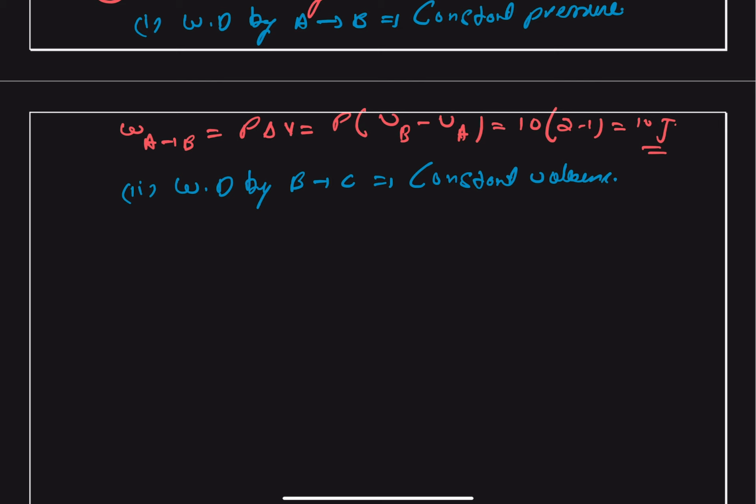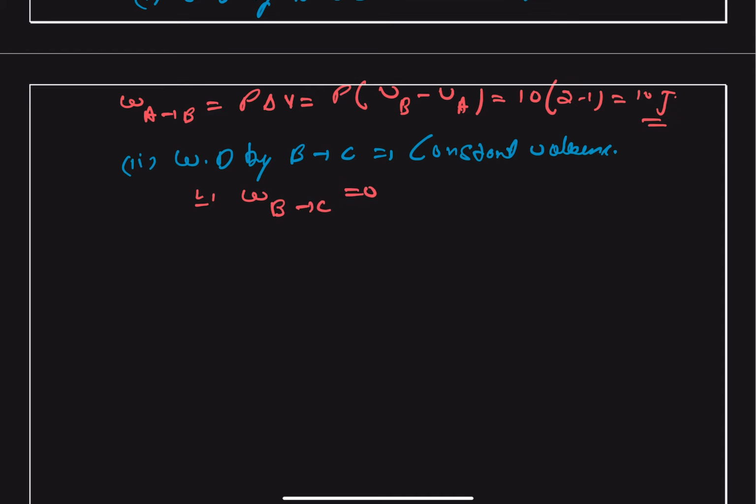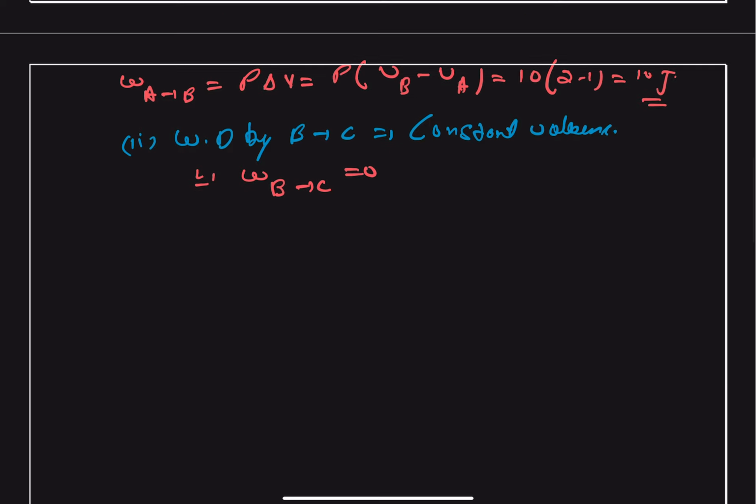So work done from B to C will be equal to 0. And now we come to the third process, the work done by C to A, which we are supposed to find out, and let us call that W C to A.